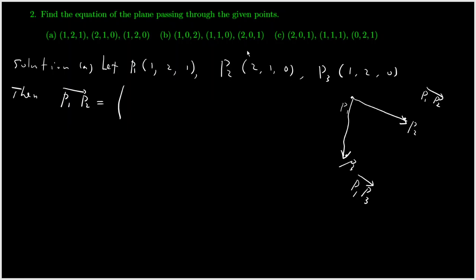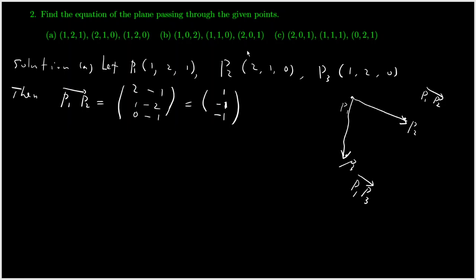The first component is 2 minus 1. The second component is 1 minus 2, right? The third component is 0 minus 1. I think you know how these numbers are coming from. So the first component is 1, the second component is negative 1, the third component is also negative 1, right? That's P1, P2.